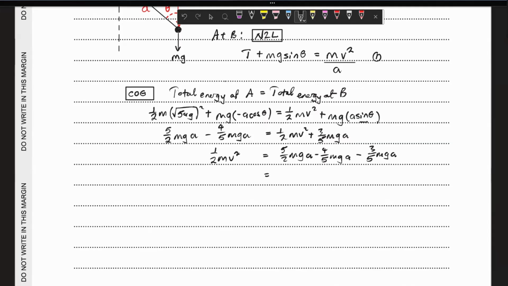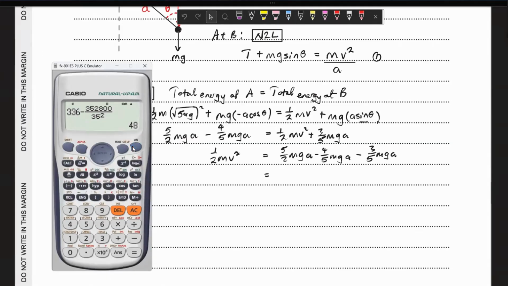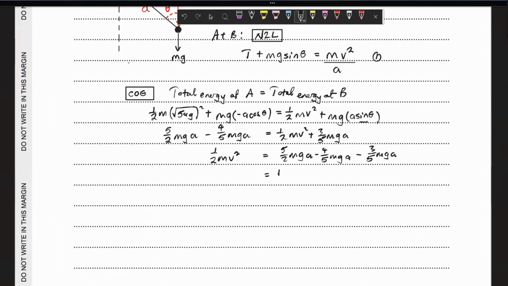So on the right side, simplifying this is going to give us 5 over 2, which is 2.5, minus 4 over 5, which is 0.8, and that's going to be minus 3/5, which is 0.6. This is 11 over 10. So basically we have 11 over 10 mga being equal to half mv squared.